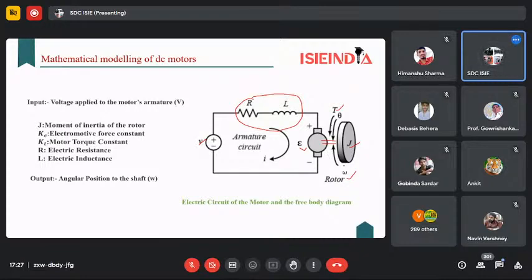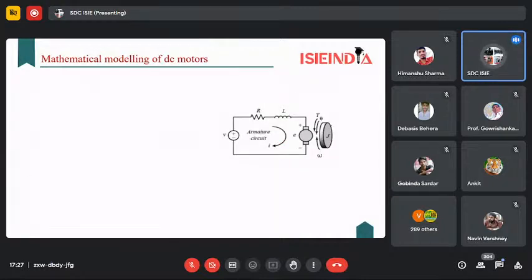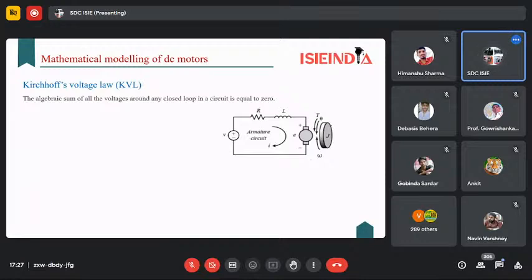After denoting all this, we start with the basic law of KVL, Kirchhoff's voltage law: the sum of all the voltages across a closed loop of a circuit is equal to 0. So basically V in minus V R minus V L minus epsilon is a closed loop circuit, and the sum is equal to 0.